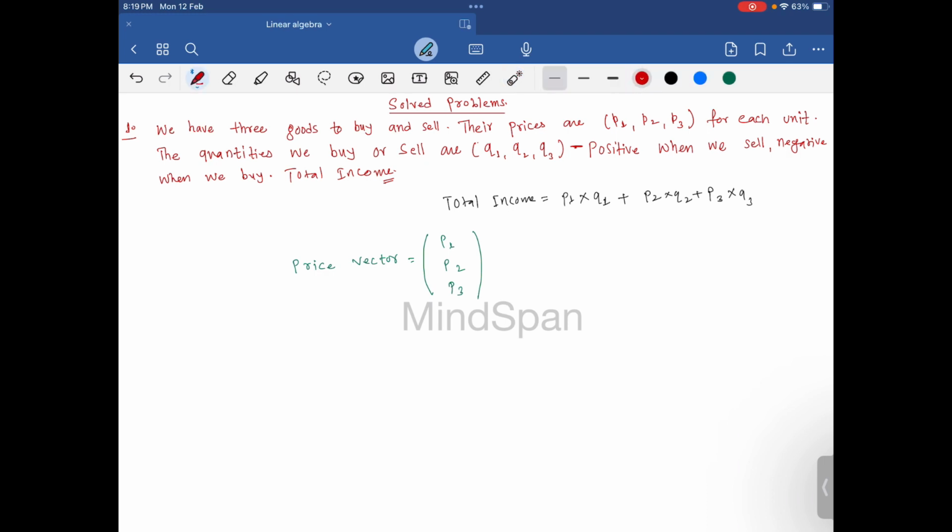Or you can think of this quantity as a quantity vector, right? So we have another vector that we can call the quantity vector, and it also has 3 components.